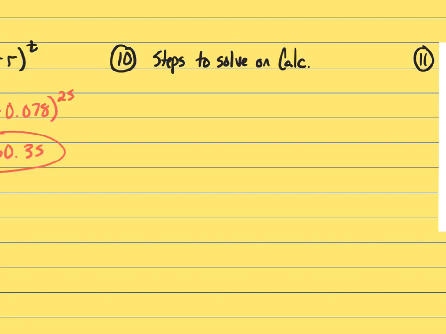All right, number 10, to solve the exponential regression equation, or how to get it. Here are the steps on your calculator you're going to need. Step number 1, you're going to click Stat, then Edit, and type in your numbers under L1 for list 1 and list 2. Once you have your numbers in, you're going to hit Stat, go over to Calc, and we're looking for the exponential regression choice.